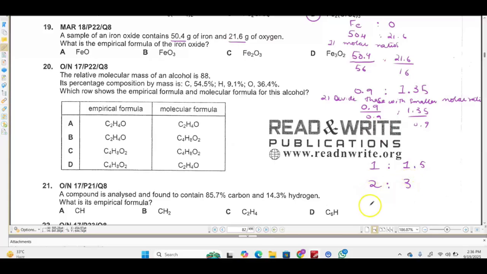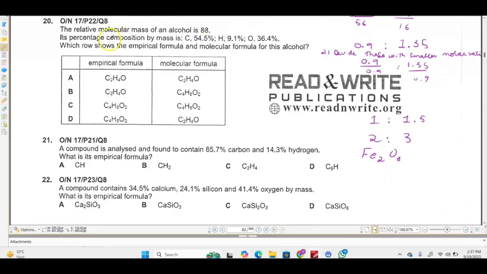So now they are in simple whole number ratios, and for Fe it's 2 and for oxygen it's 3. So the empirical formula for a sample of iron oxide that contains 50.4 grams of iron and 21.6 grams of oxygen will be Fe2O3. So C is our correct option.